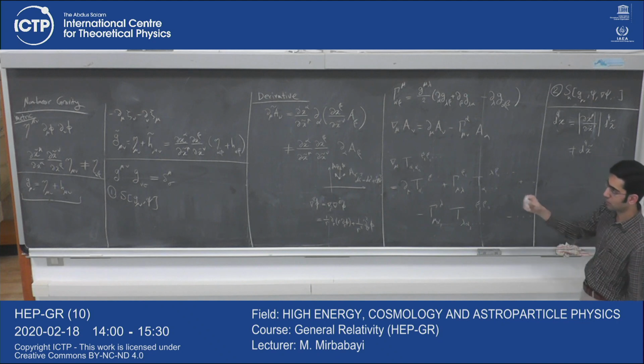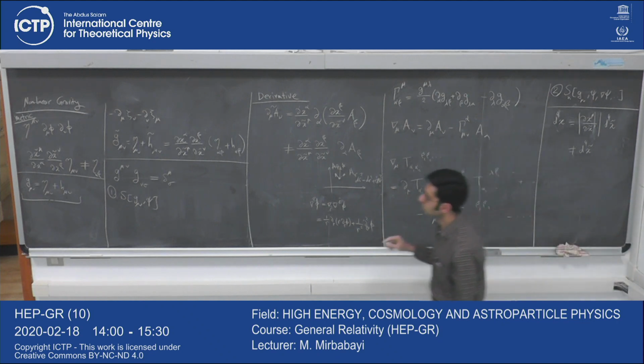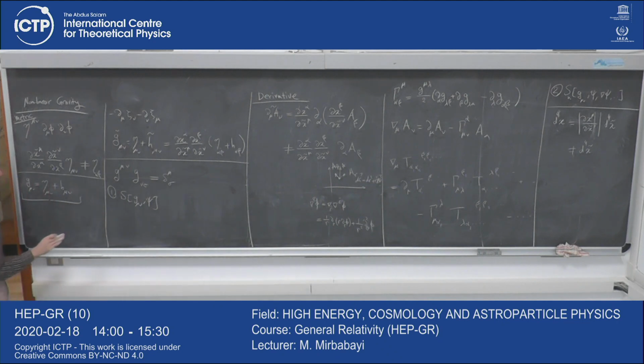We notice that again we can use G mu nu. We notice that G mu nu is a tensor. So if I take the determinant of G tilde mu nu, since there are two indices, two transformation matrices here, that will be equal to the Jacobian of the transformation dx by dx tilde squared times the determinant of G mu nu.